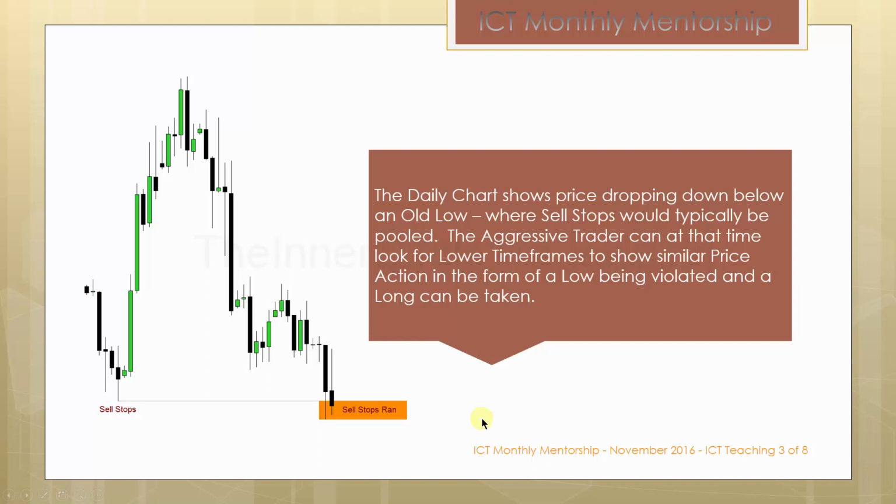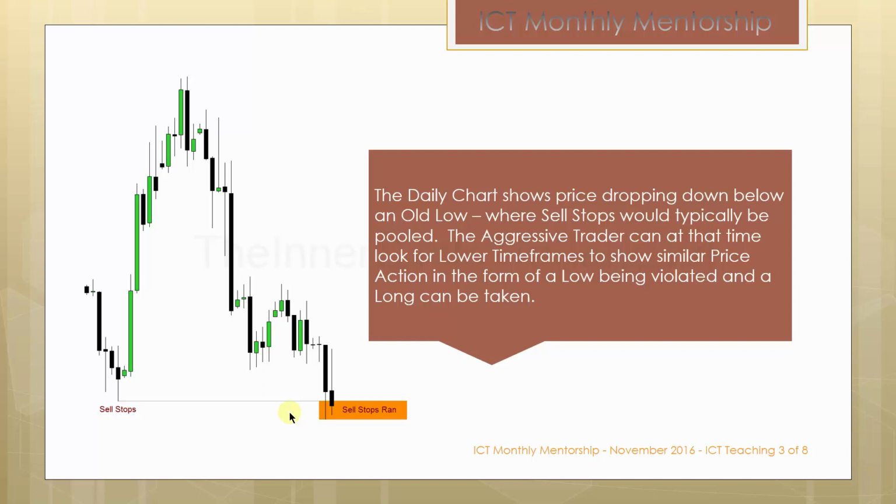Now, an aggressive trader can see this as an opportunity to go into a lower time frame as that low is violated here, right on this candle. You can go into a lower time frame and look for a similar pattern, because price is fractal. That means everything you see on one time frame is replicable on the higher time frame and the lower time frame. So in other words, it's going to have a lot of similarity throughout all the time frames, because price is still price.